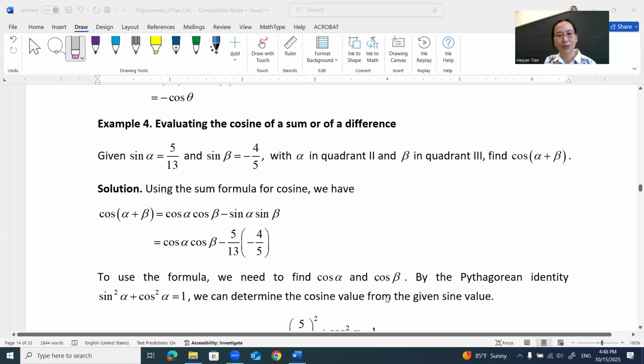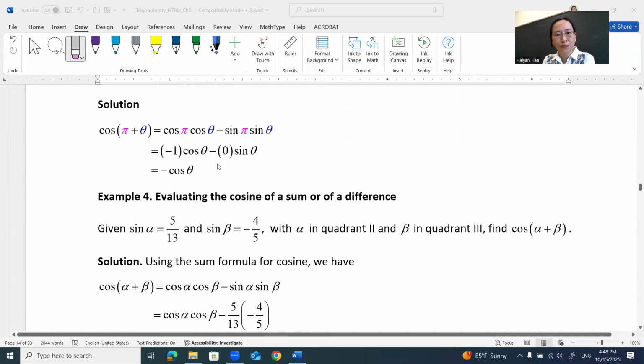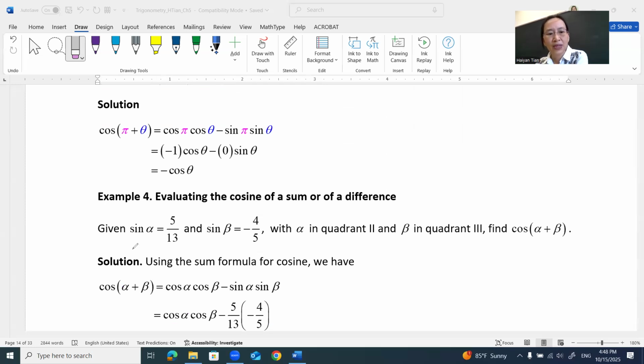In this example, let's see what is given and what is asked for. Suppose alpha is an angle in quadrant 2, and beta is in quadrant 3.